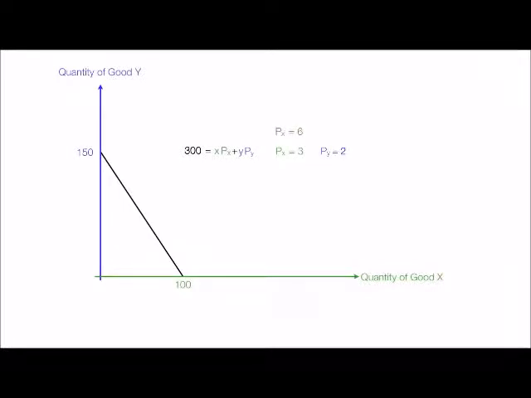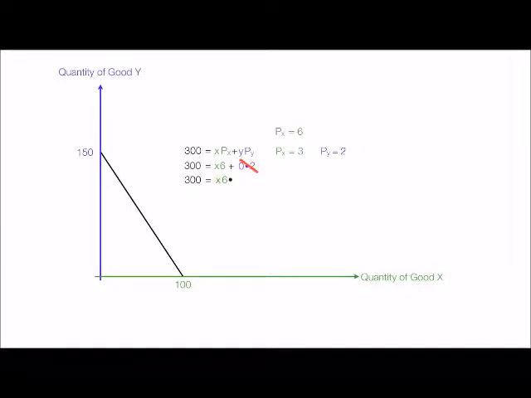The way I solve for this new quantity, I take 300, which is my income, is equal to x, the quantity of x, times the price of x, plus 0, because the consumer will consume 0 at that point, times the price of y, which is 2. 0 times 2 is 0, and I can ignore that part of the equation.